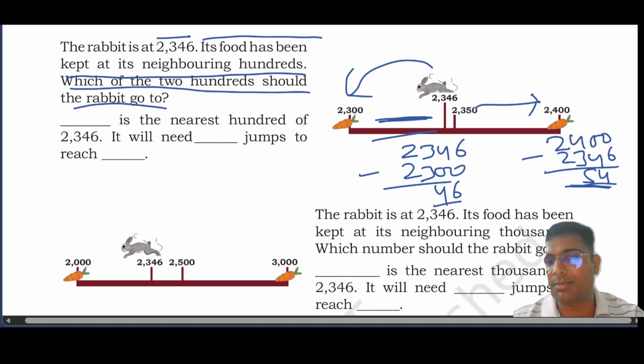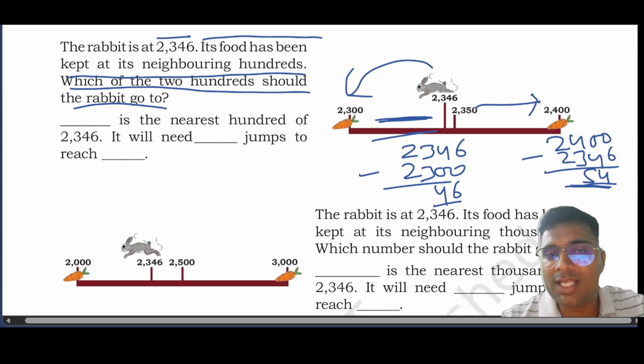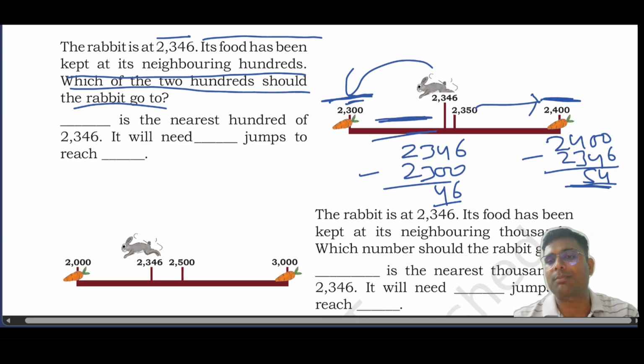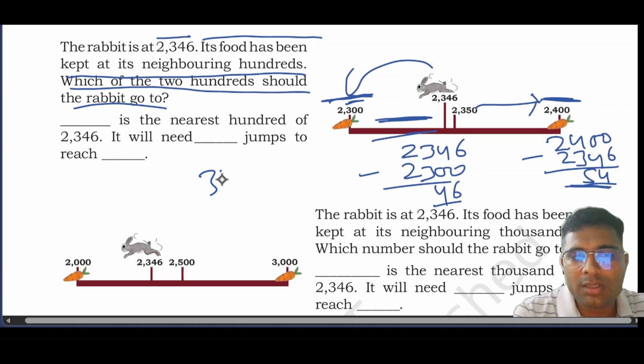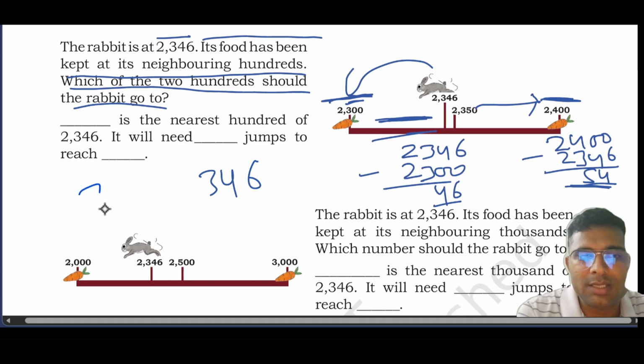So obviously he will go to left side to get food easily and quickly. So what does it mean, bachcho? It means this 2300 is more near, or you can say nearest to rabbit than 2400. So this is the concept of nearest 100. So what does it mean, bachcho? This is 346, this is 300, this is 400.